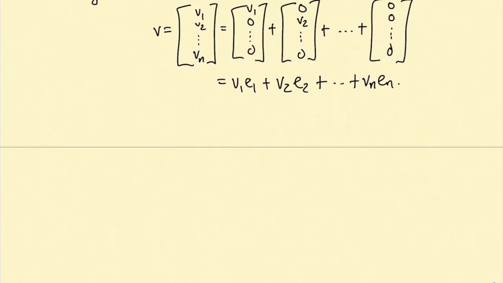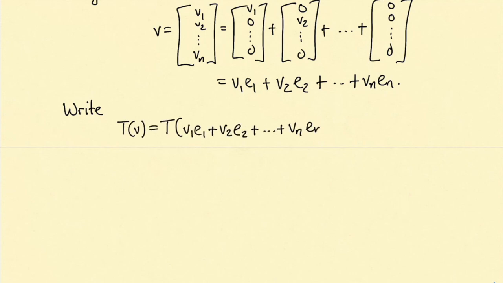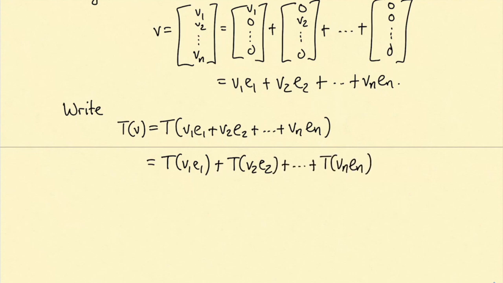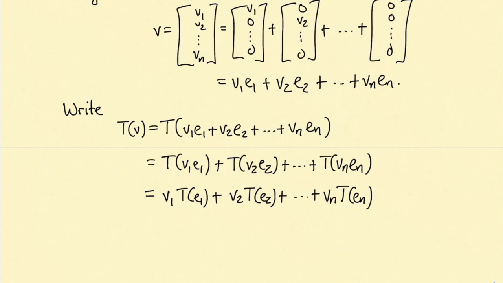First, we use the second property, that we can distribute the T across the sum. Next, we use the third property of linearity, that we can pull the scalars out through the function evaluation. And finally, we think about these vectors T of e1, T of e2, down to T of en as the columns of a matrix.